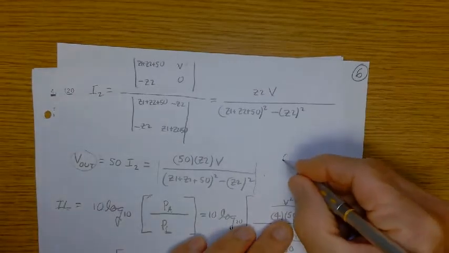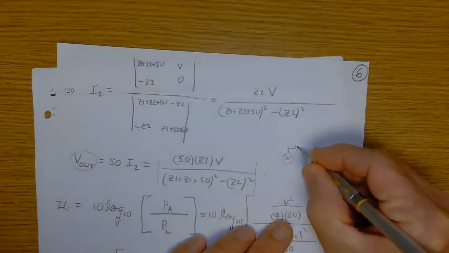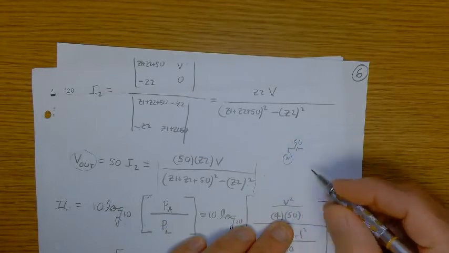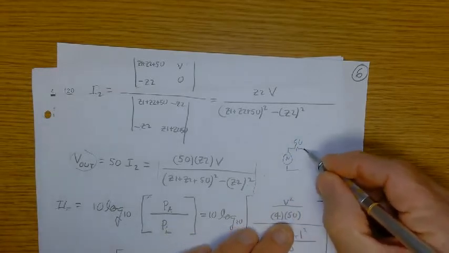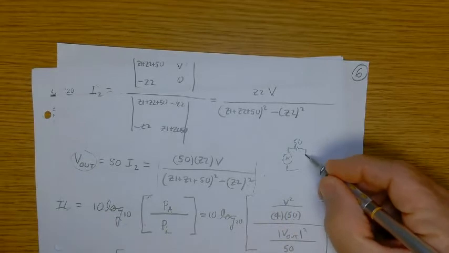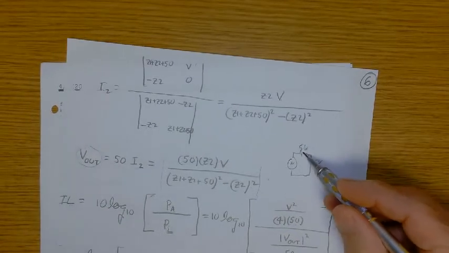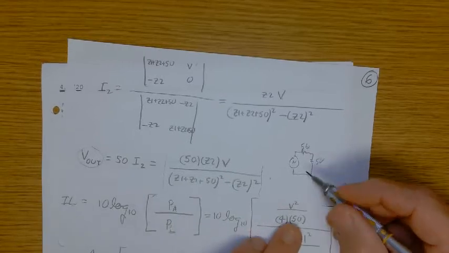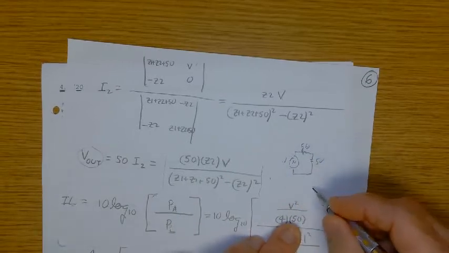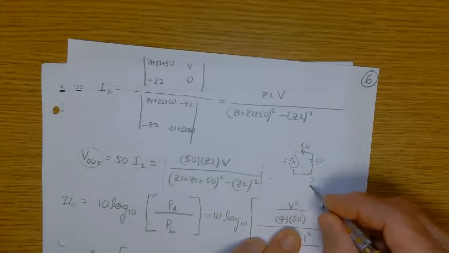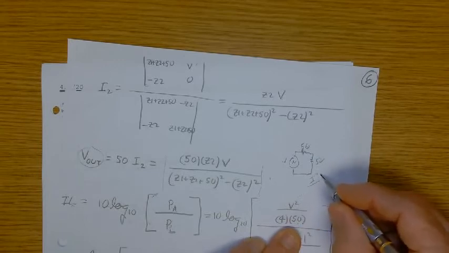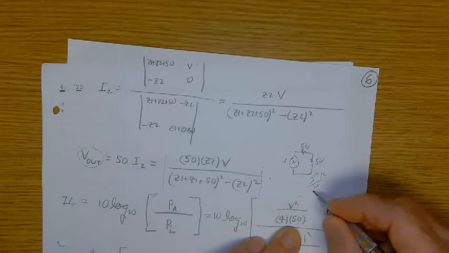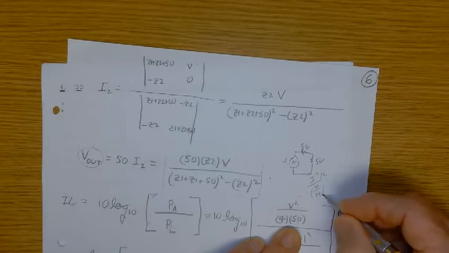And so the current is V divided by 2Z naught, and power is I squared times R. So that's V squared over 4Z naught squared times Z naught. The Z naught cancels, and so it's V squared over 4 times 50. Okay, so that's available power.